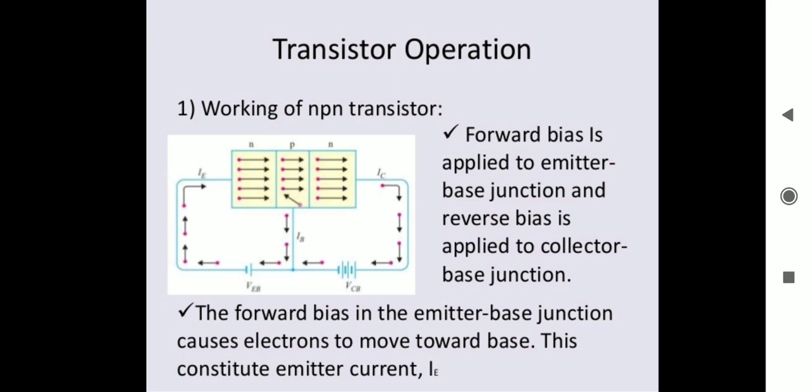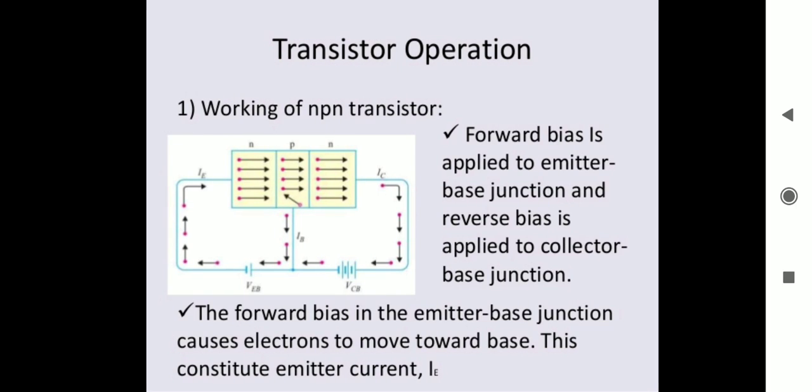Electrons moving from the emitter to base have three options. Number one, they recombine with the holes present in the base. As the base region is thin and lightly doped, the number of holes is few. Hence, out of the total injected electrons from the emitter, very few recombine with the holes in the base region.